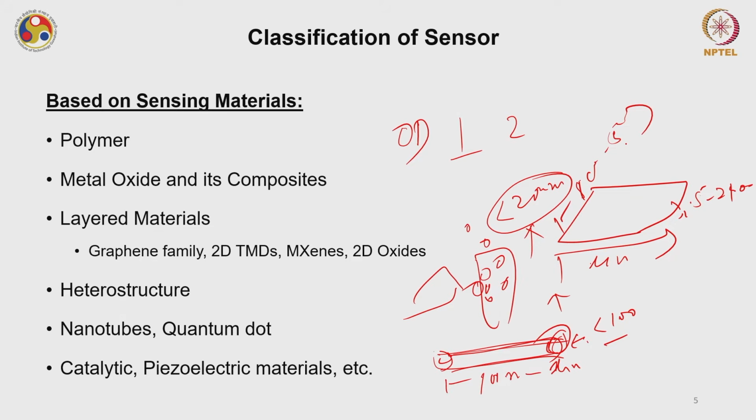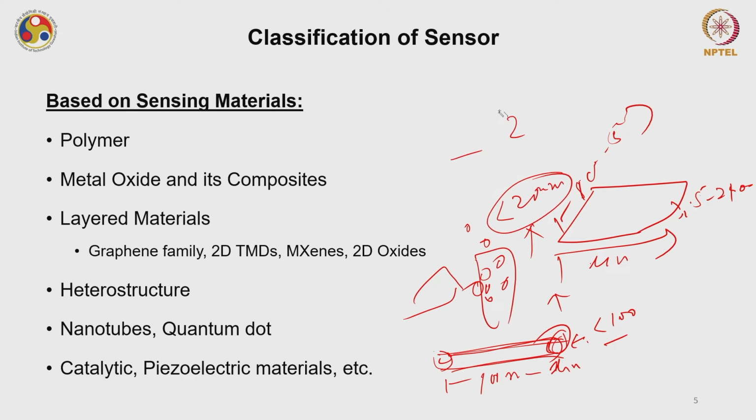So these are 0D, 1D and 2D structures. When you have 3D confinement, you have 0D. When you have two dimensions confined and growth only in one dimension, you have a 1D structure, and when you have confinement only in one dimension, you have a 2D nanosheet or nanoflake kind of structure. In microsensors and nanosensors, we will be using all these kinds of materials in sensing.